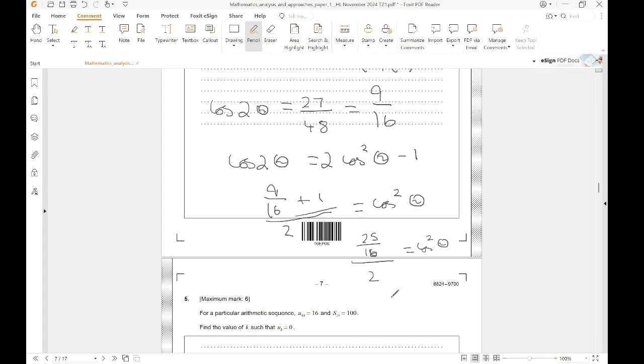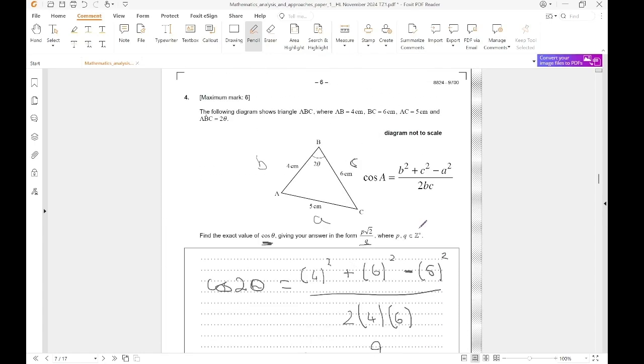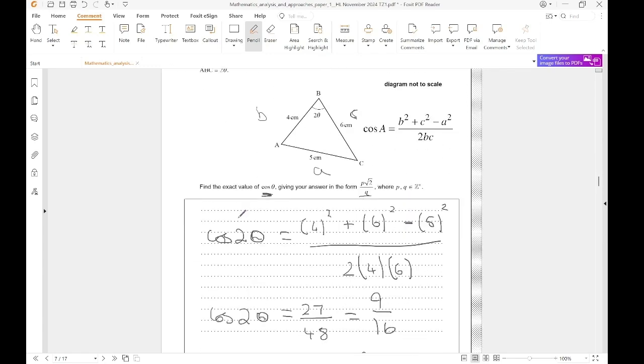Then you simplify it further because the 2 comes up, and eventually you get 75 over 96. Cosine squared theta is equal to 75 over 96. Oh man, I'm running out of space here. Let's come up here.